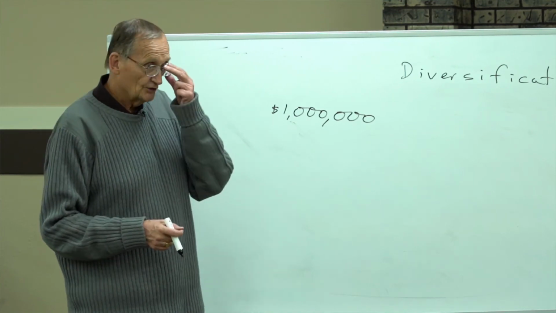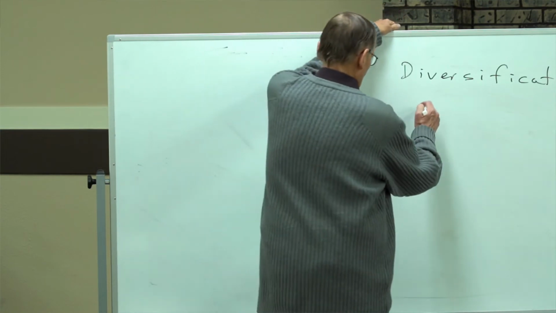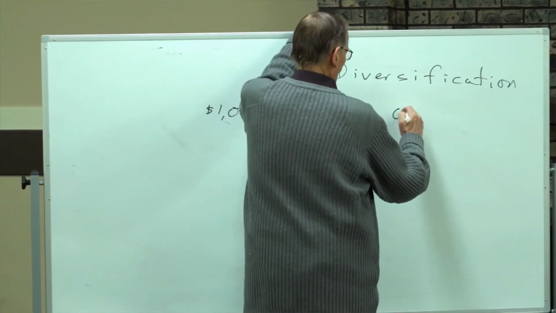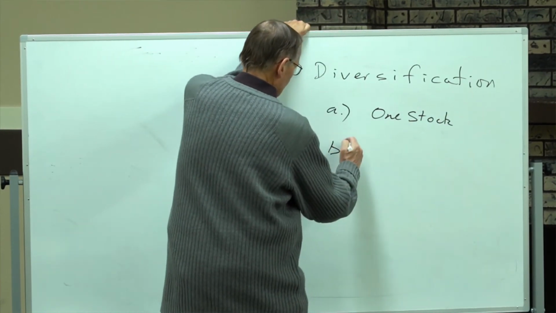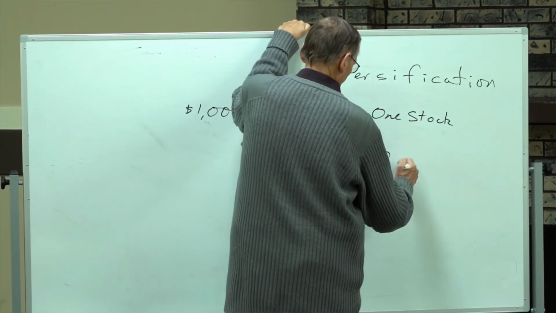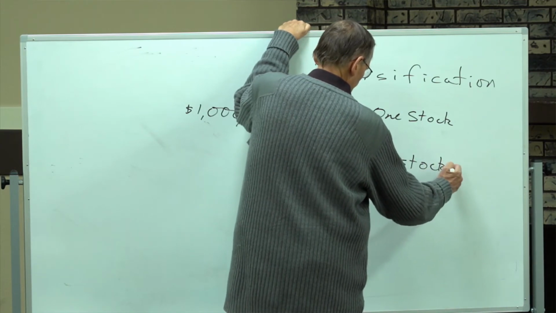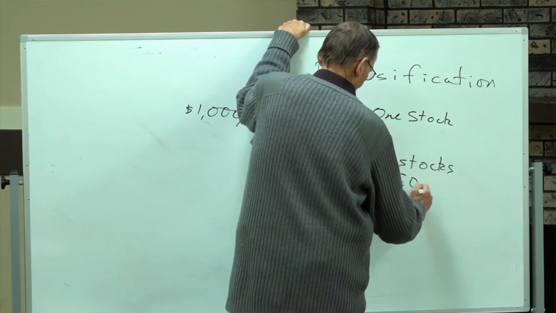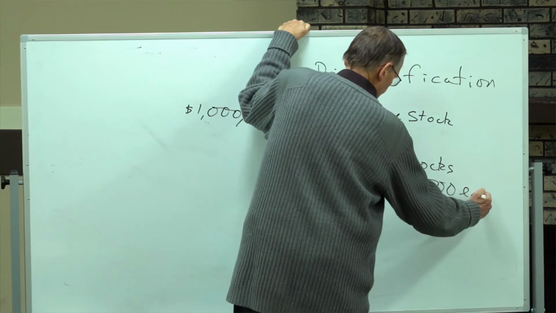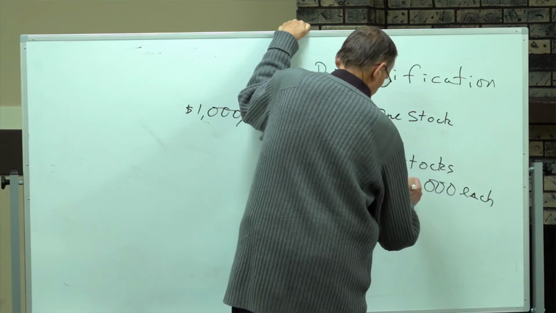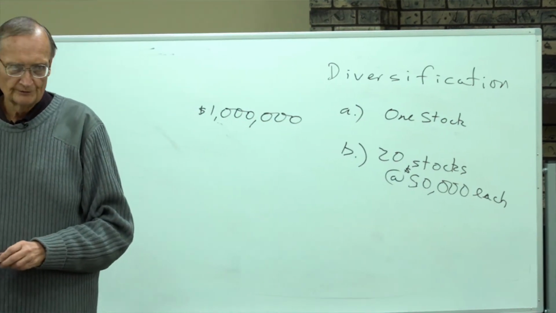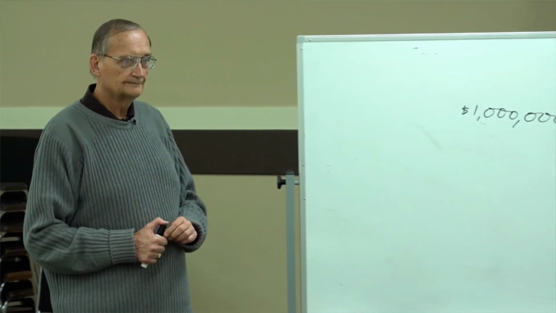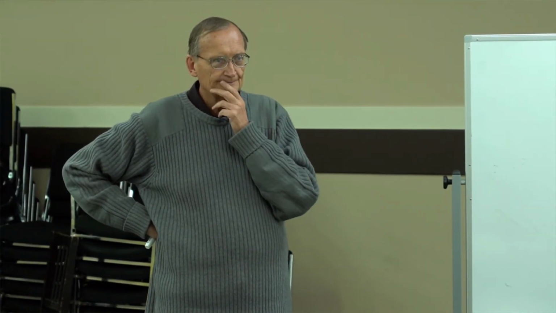Okay? You have two choices. Choice A, you buy one stock. Choice B, you buy 20 stocks at $50,000 each. What's the smart move? Which is riskier, A or B?